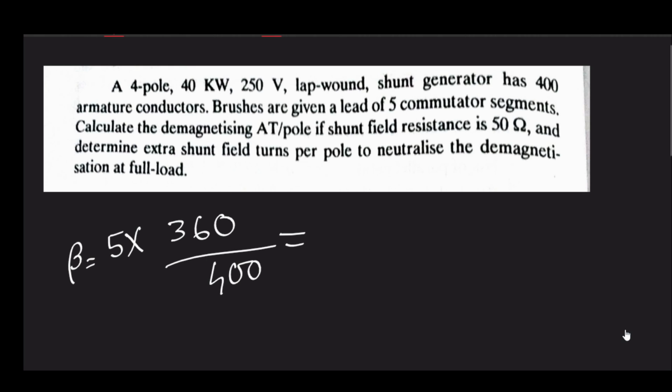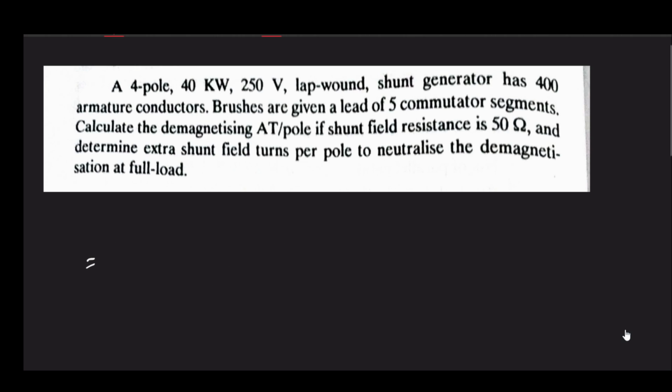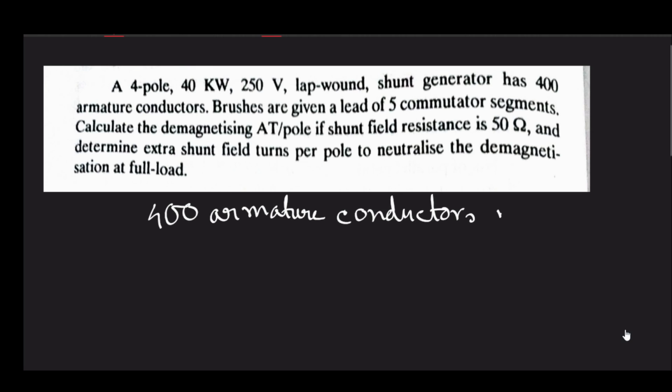Okay, just a minute. So per pole has 400 armature conductors. It is commutator segments, so not in terms of conductor.